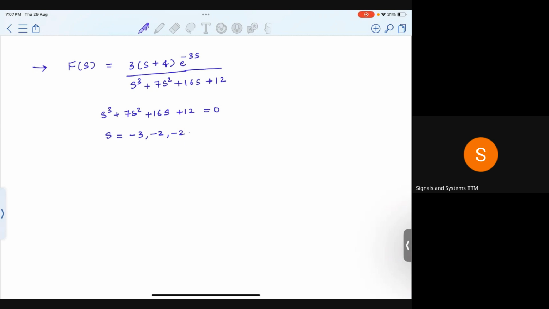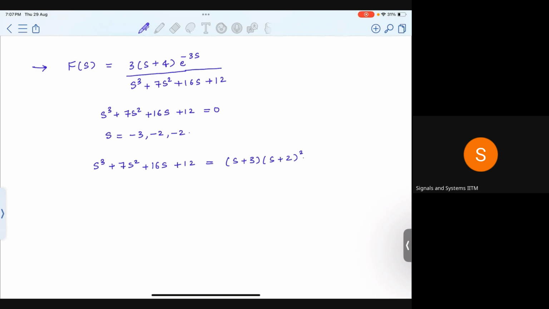Or there's also another simple way to see this. You can just factor certain things out and see the roots. So s cube plus 7 s squared plus 16 s plus 12 is simply s plus 3 times s plus 2 whole square.